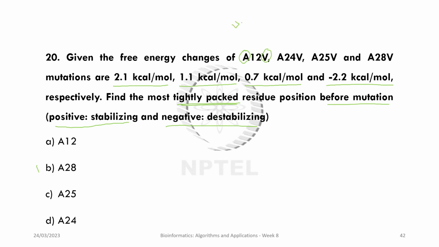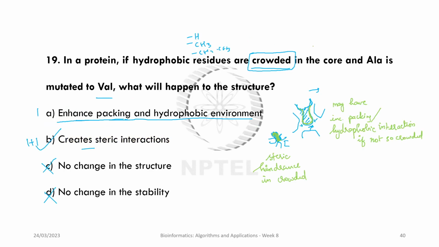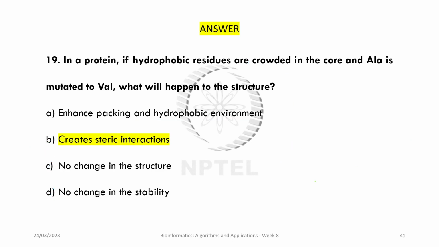So when these guys are so close by and alanine is getting converted to valine, if it is giving you a positive or stabilizing value, like the case we saw here, where it is fitting beautifully into the gap, so it can increase.